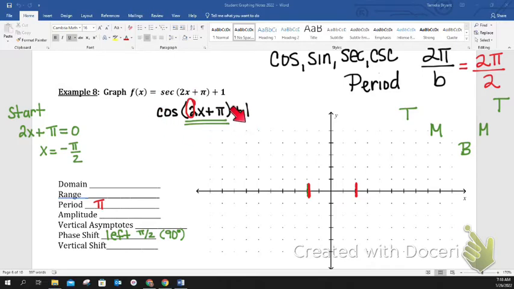My midline is at 1. Where it says vertical shift, it goes up 1. So this wave is going to move up 1. Well, this is not a wave because we're graphing the secant, but we're moving up 1 because of this k value. And what's the amplitude of this?